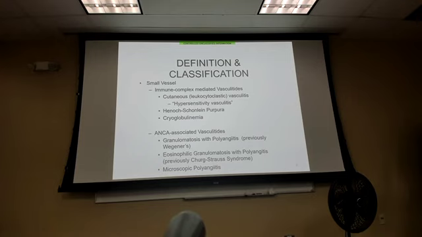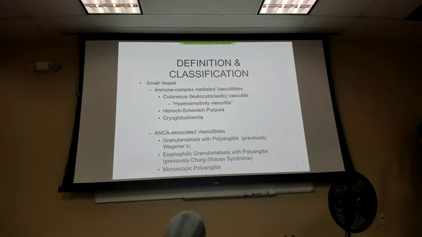Small vessels, so we've got immune complex mediated vasculitis. Cutaneous is what it can be, so that's that hypersensitivity vasculitis. It can also be Henoch-Schönlein purpura or cryoglobulinemia. ANCA associated is granulomatosis with polyangiitis, which we saw with the large.